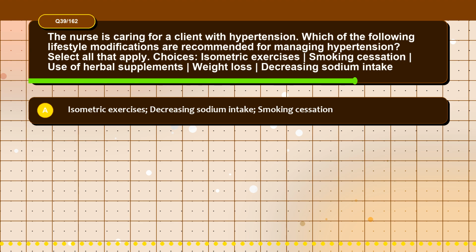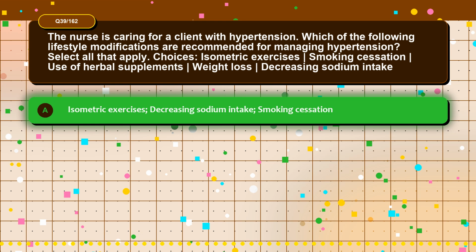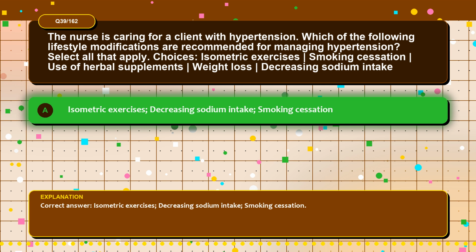Option A: isometric exercises, decreasing sodium intake, smoking cessation. The correct answer is option A.